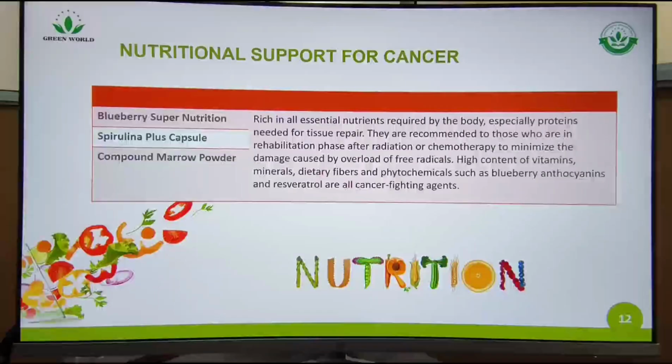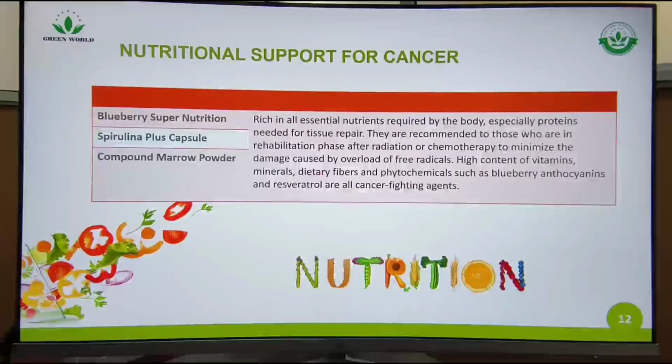So these ones are for nutrition. People who have studied nutrition, nutritionists, will advise on these ones. These are rich in all essential nutrients required by the body, especially proteins needed for tissue repair. They are recommended to those in the rehabilitation phase after radiation or chemotherapy to minimize the damage caused by an overload of free radicals.